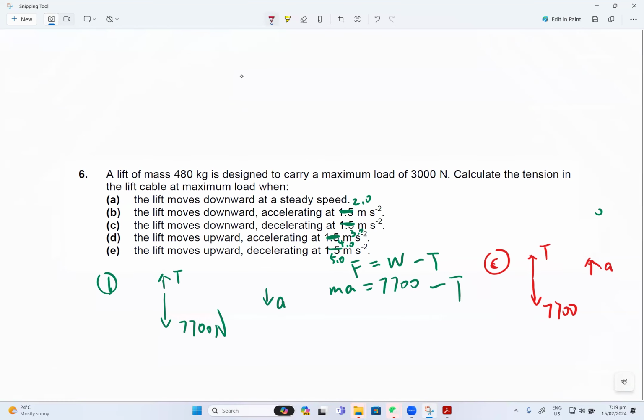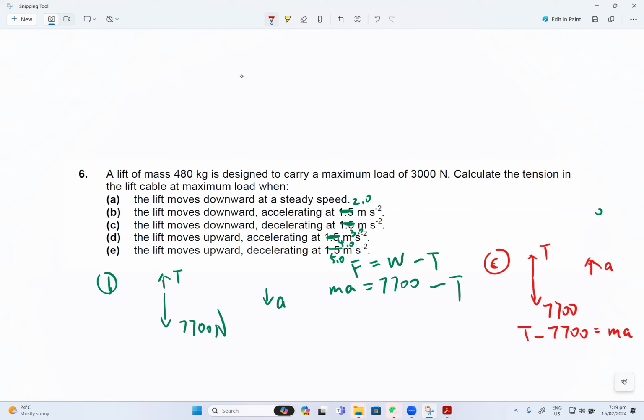So if acceleration is upwards, we need T minus this equals ma, which means tension is larger now. Only total force up can provide acceleration up. Okay? This question is very important.